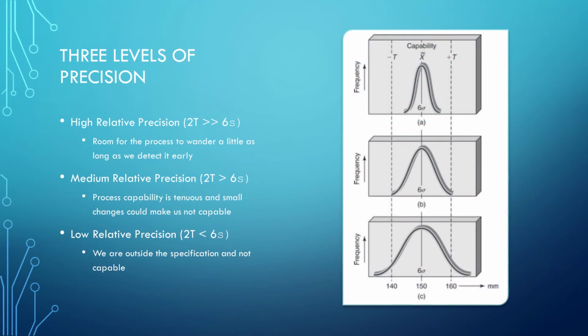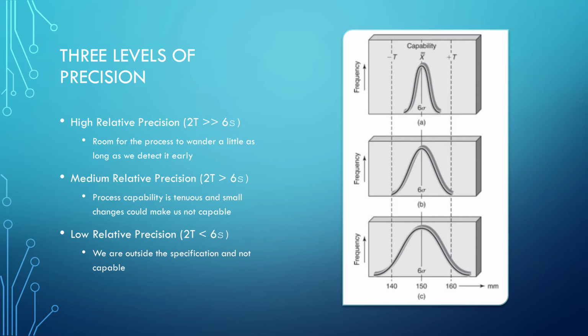So in general, we talk about 3 levels of precision, and there's not a firm cutoff between these. But generally, if 2t is a lot bigger than 6 sigma, then we say we have high relative precision. And notice here the word precision, that width of the variability. If we have high relative precision, then there's room for the process to wander a little as long as we detect it early, so we don't need to be very worried. We say we have medium relative precision if 2t is just greater than 6 sigma.